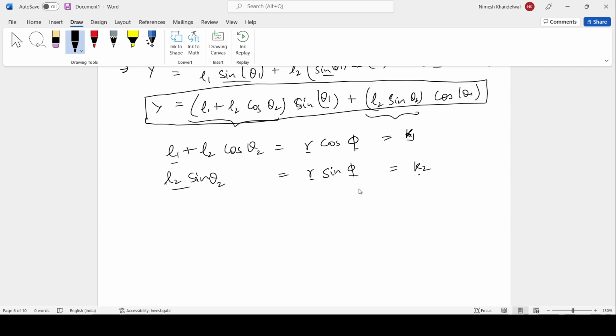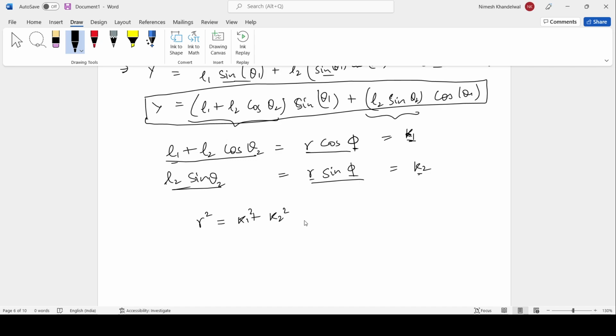So what we have here is r squared is just k1 squared plus k2 squared. Because we need to know what phi and r are to make this substitution. I call this quantity k1, the second one k2. I substitute k1 as r cos phi and k2 as r sin phi.